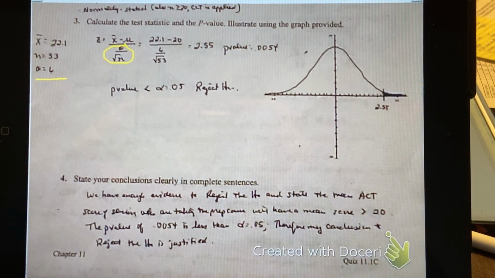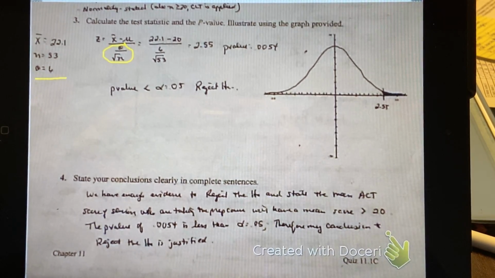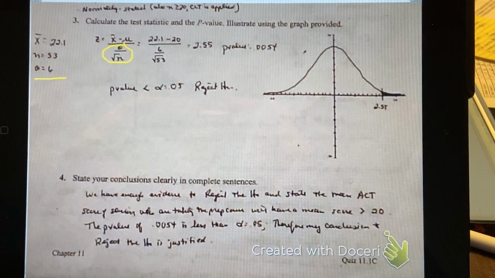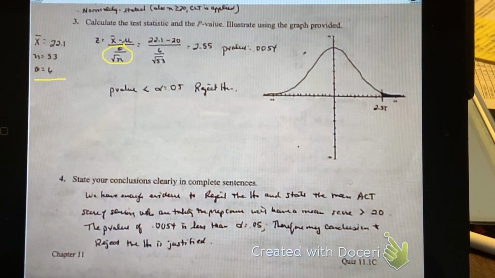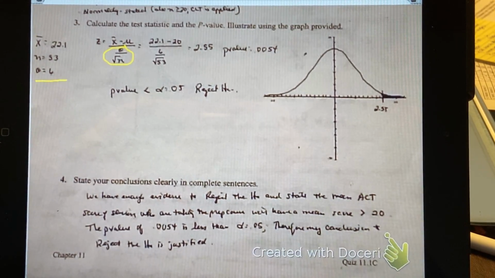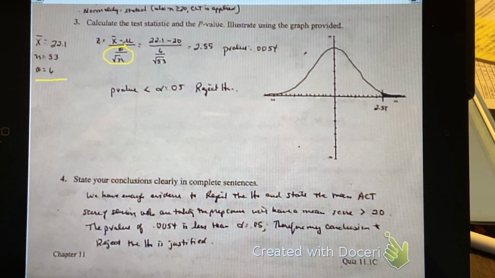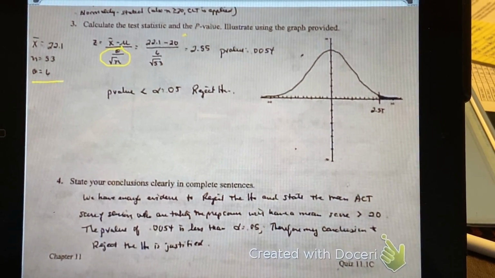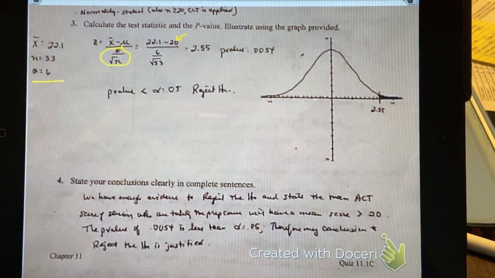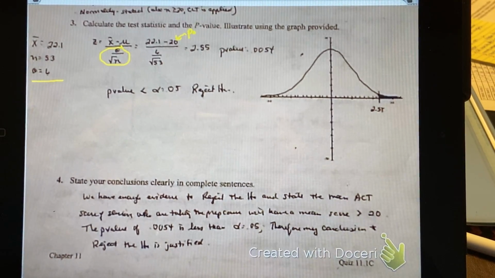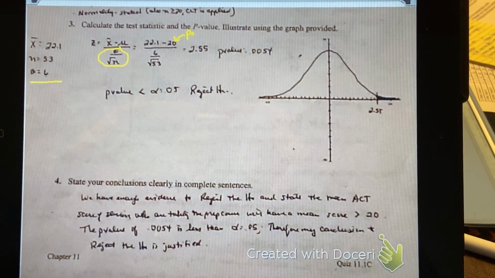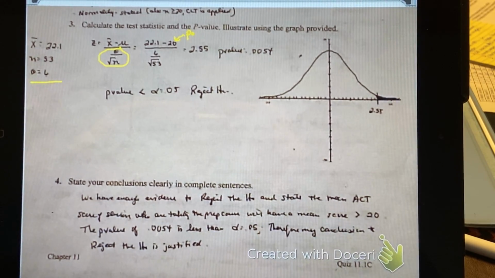Well, we use it in the hypothesis test as well. So X bar minus mu divided by sigma over the square root of n. So filling in our numbers, 22.1 X bar minus 20. Well, what was 20? Guys, that was the null. That's P naught. Okay? And then over 6 over the square root of 53.